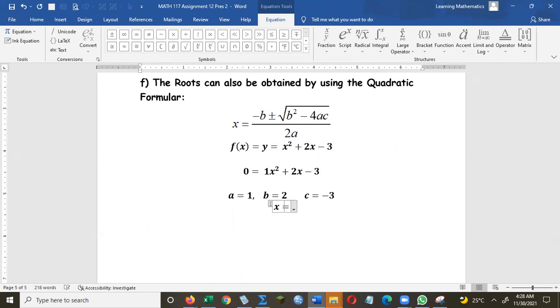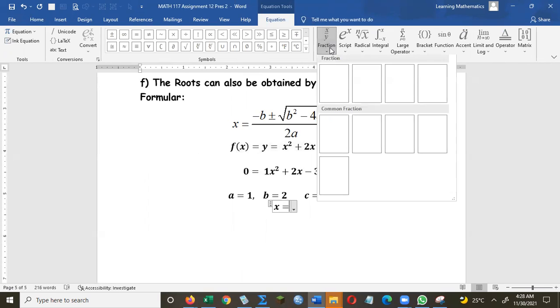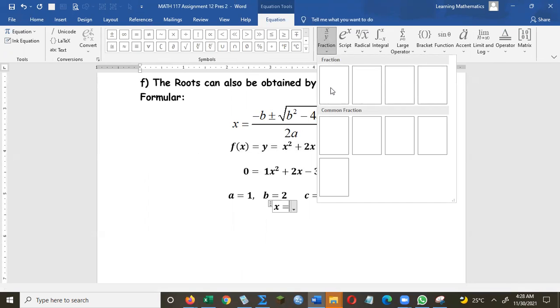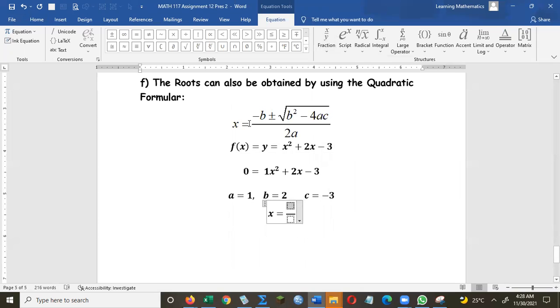So x is equal to, it's a fraction, numerator and denominator. It comes with a negative sign in front of b, negative b. We got b to be 2. And it comes with a plus minus. So that's where you're going to get two values, one for plus and one for minus.